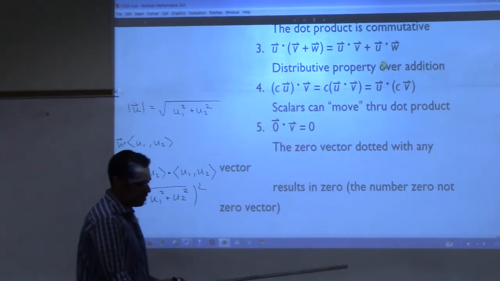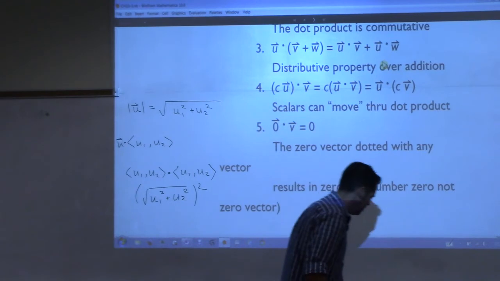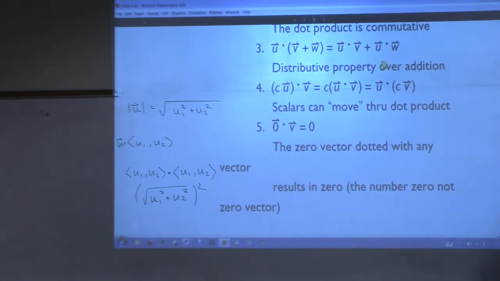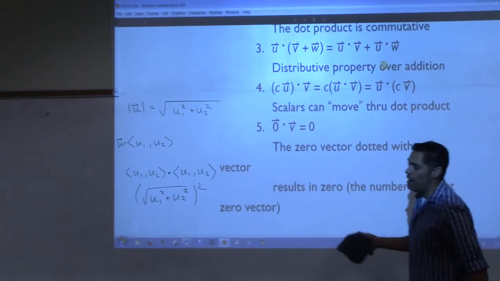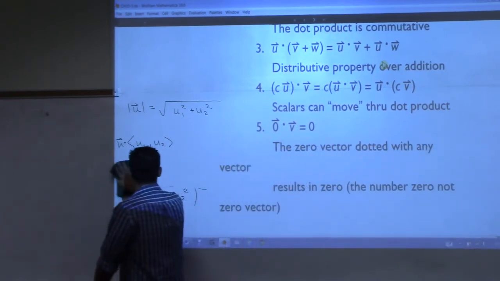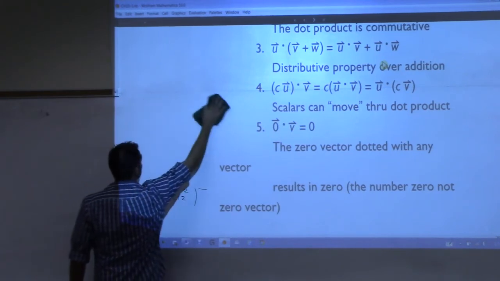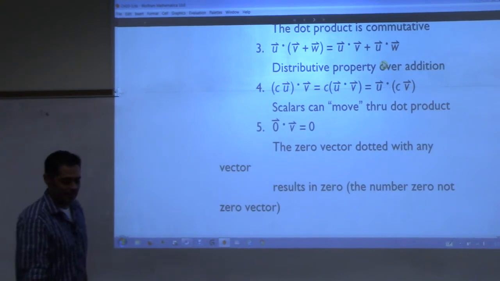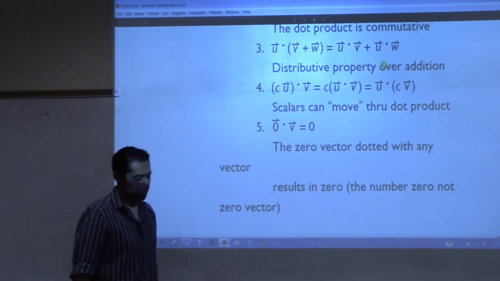Now you have to be asking yourself a question by this point. Like, I'm showing you how to mechanically do the dot product, but maybe you have a question about it. Why? What does it do?